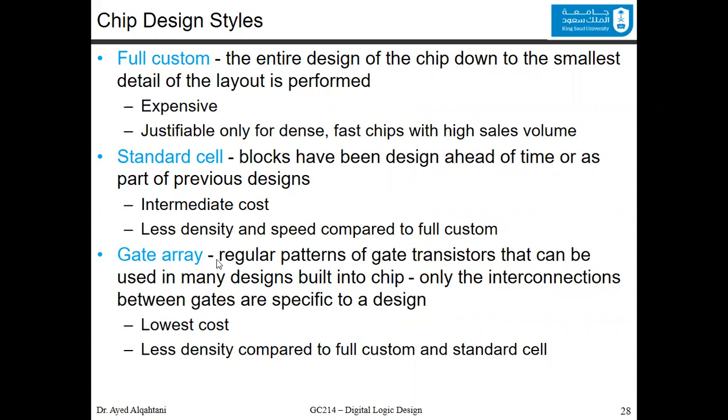The gate array is a regular pattern of gates or transistors that can be used in many designs easily. Only the interconnection between gates has to be specified during the design stage. It has the lowest cost and less density compared to full custom and standard cell. I like to give the example of cars regarding the design styles.